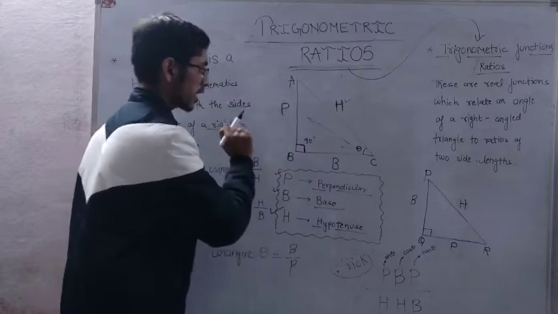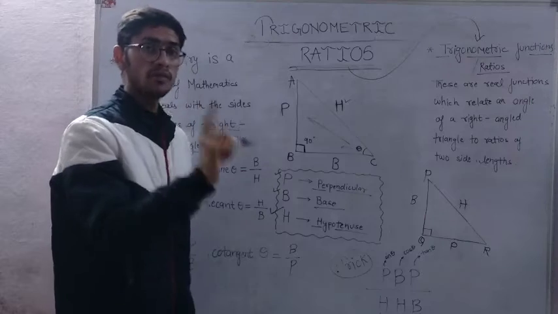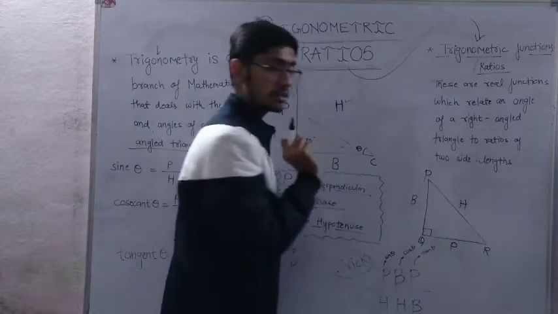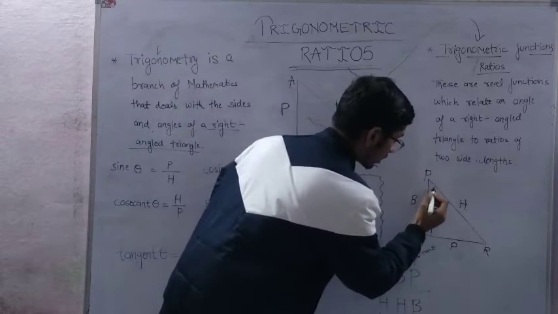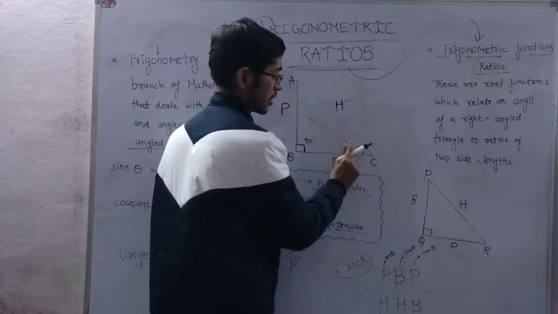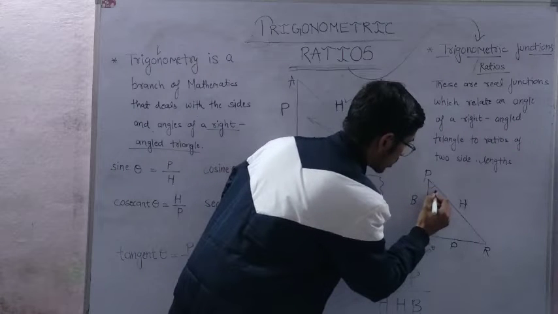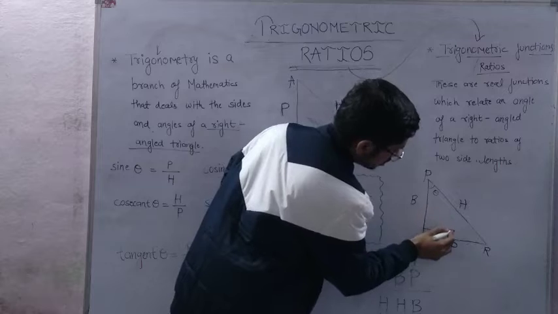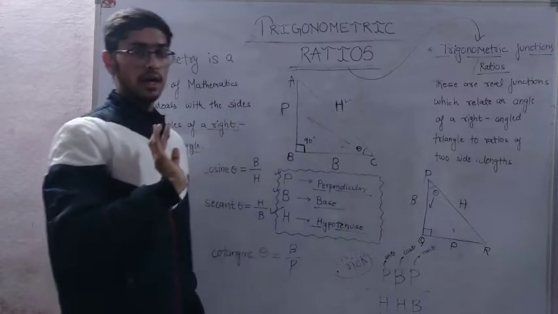We must always remember that perpendicular and base are decided in a right angle triangle on the basis of the inclination angle. In the first case the inclination angle theta was here, but in triangle PQR the inclination angle theta will be here, opposite to it the perpendicular will be here, and adjacent to theta the base will be here.